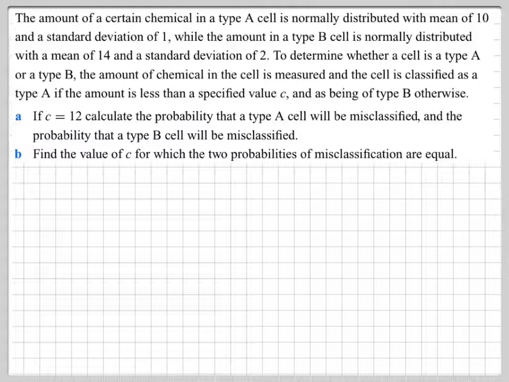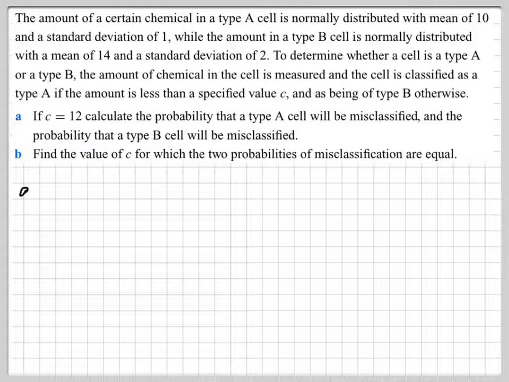So if we measure the amount of chemical and it is less than a specified value C, we call it an A, and if it's more than or equal to that, we call it a B. I get it. Do you get it? All right, I think I've got the gist of it.